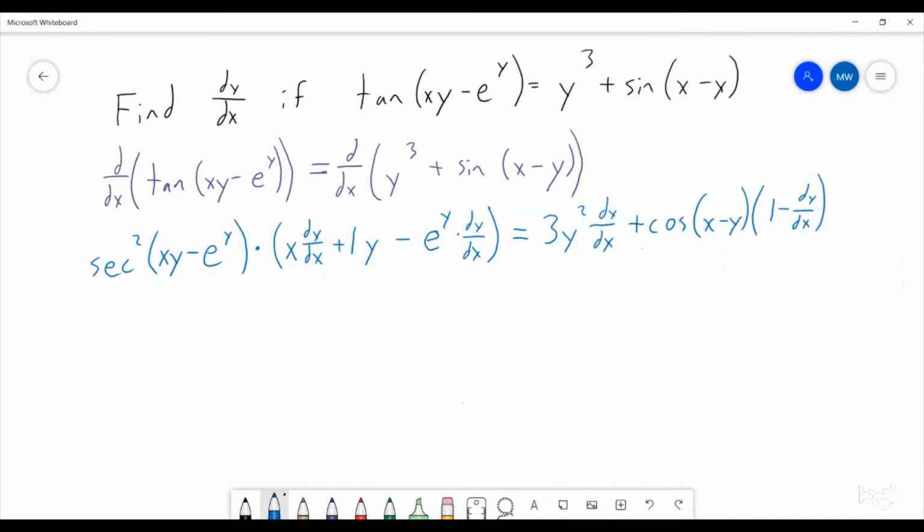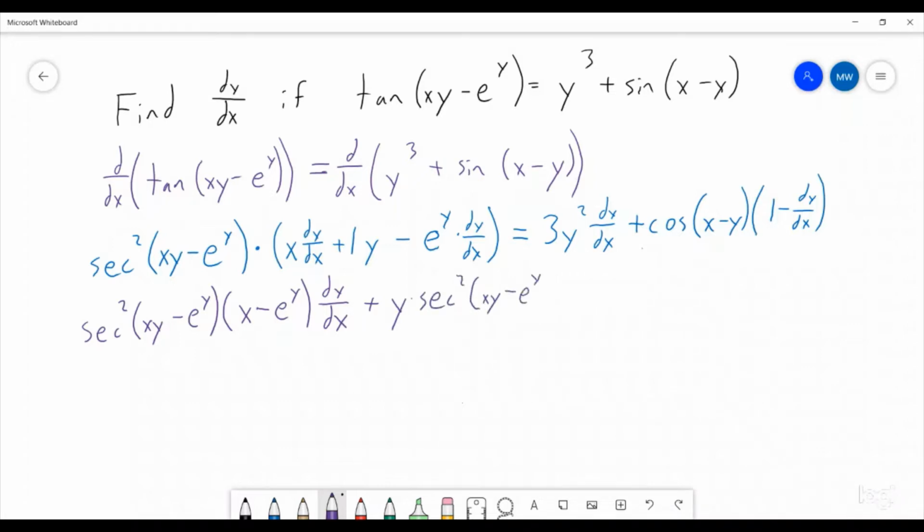Okay, at this point what I would recommend doing is multiplying things out so that we have dy/dx terms and non-dy/dx terms. So when we multiply all of that out, we get secant squared of xy minus e to the y times x minus e to the y, dy/dx, plus y times secant squared of xy minus e to the y.